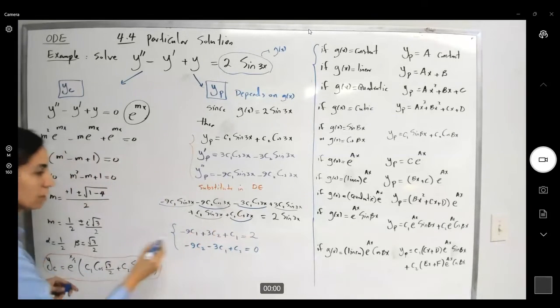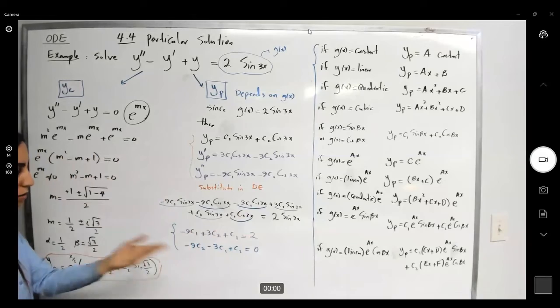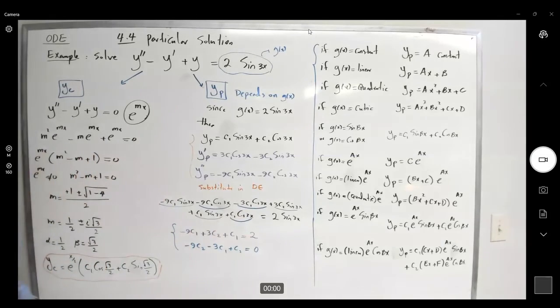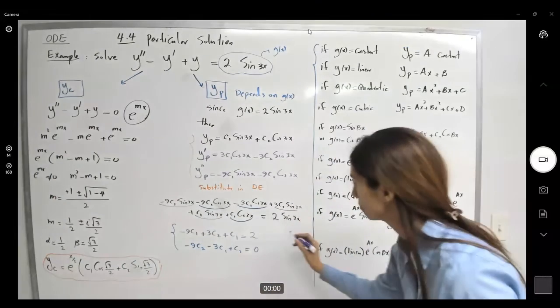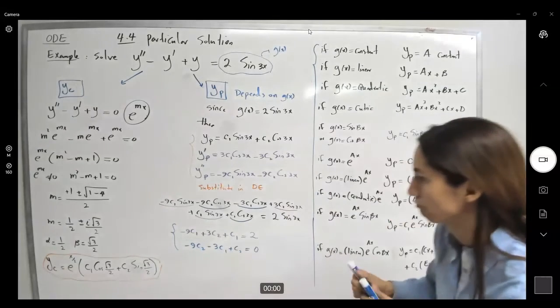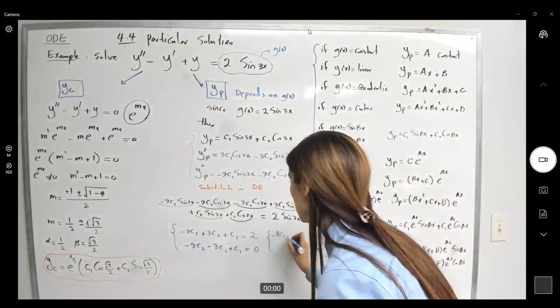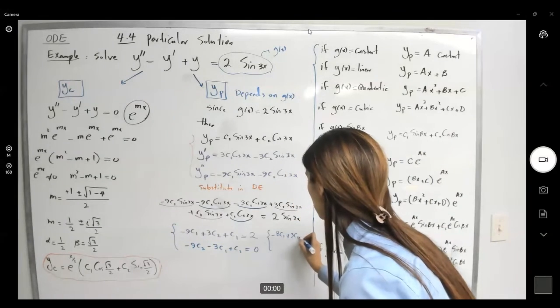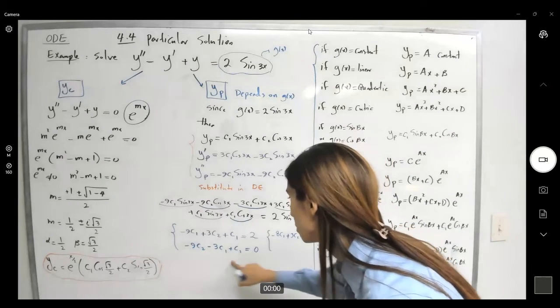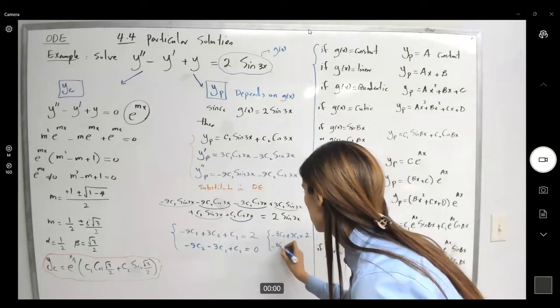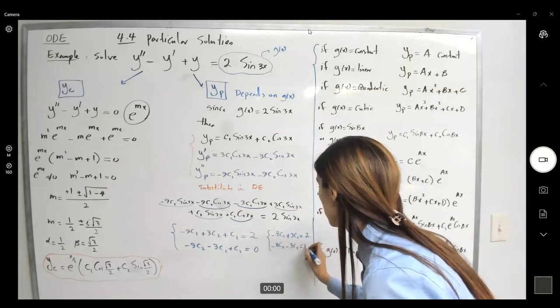We have a system of linear equations. If you combine these, what do we get? Negative 8 c1 plus 3 c2 is 2. And then, combining these two, negative 8 c2 minus 3 c1 is equal to 0.